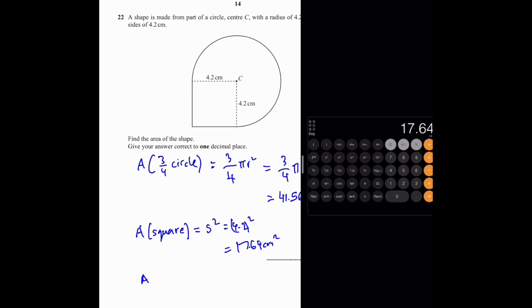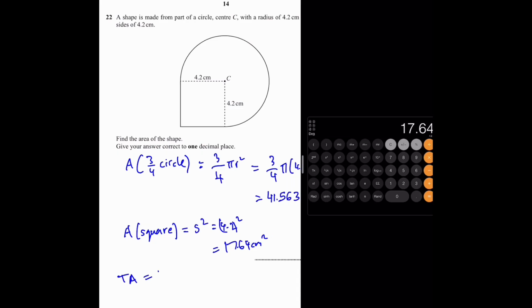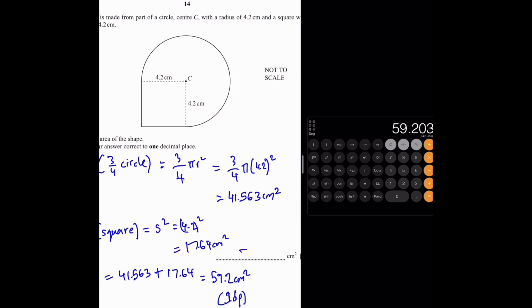So the total area, I'll write as TA, is equal to 41.563 plus 17.64. Let's do this. That is equal to 59.2 centimeters squared to one decimal place as asked in the question. That's the answer.